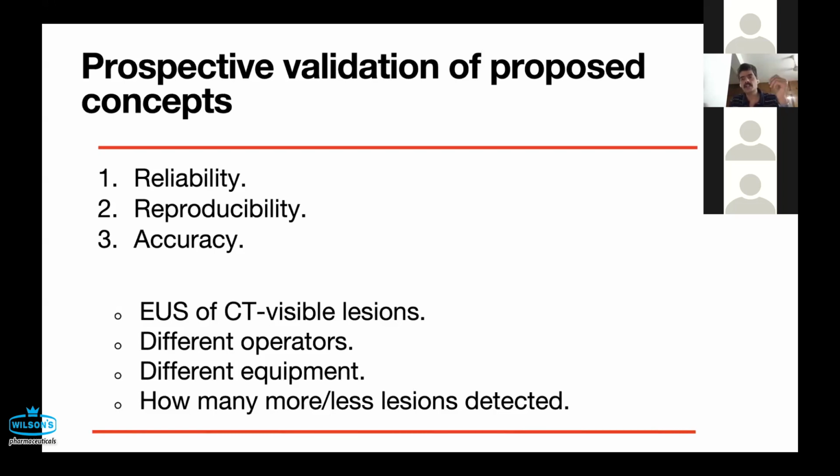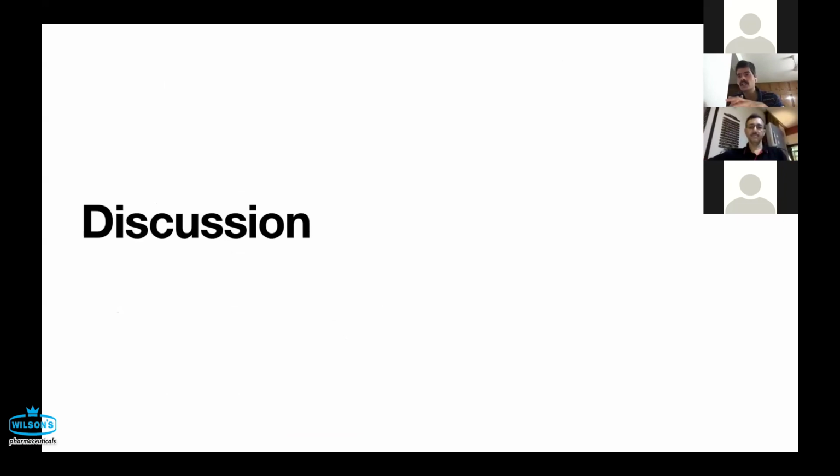A different operator should be able to demonstrate the same thing in a standardized way with different equipment. And what would be very interesting is how many more or less lesions are detected by the use of EUS vis-a-vis CT or MRI. So with this, I end. I hope I have been clear about this slightly difficult topic.